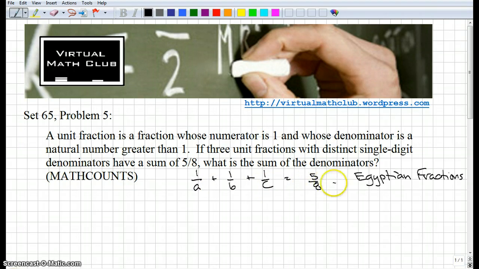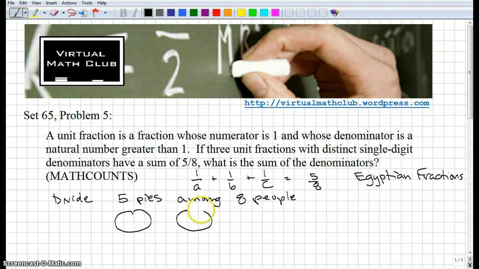So in order to understand this problem, I want to give you a little bit of a history lesson about how the Egyptians would divide things up. Let's say that the Egyptians wanted to divide 5 pies among 8 people.